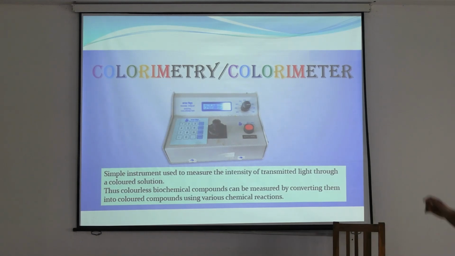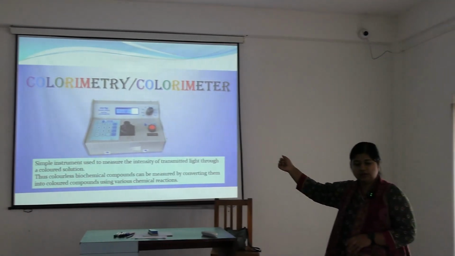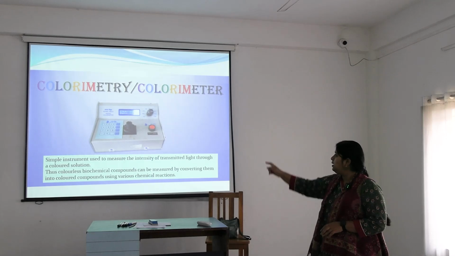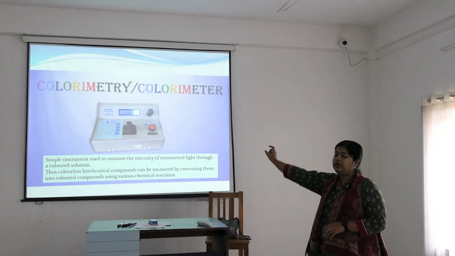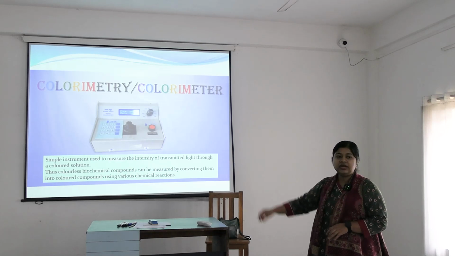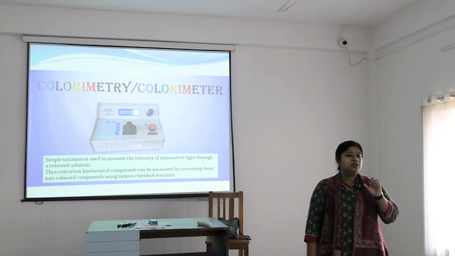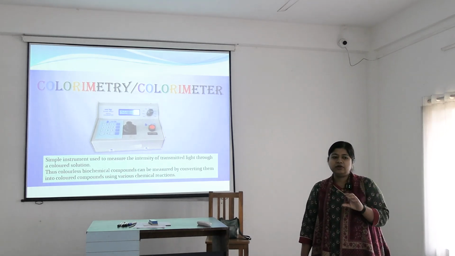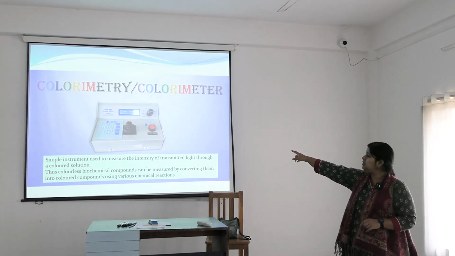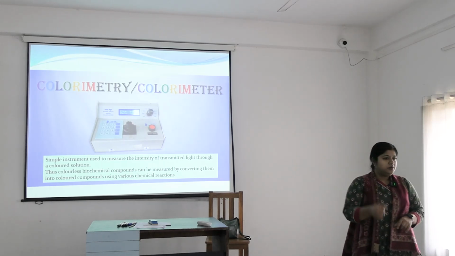There are different markings for different wavelengths, we can put it in our desired wavelength. Here is a cuvette place, where we can put the test tubes or the cuvettes. The test tube designated for colorimeter is known as cuvettes. Okay, and there is another button to start.